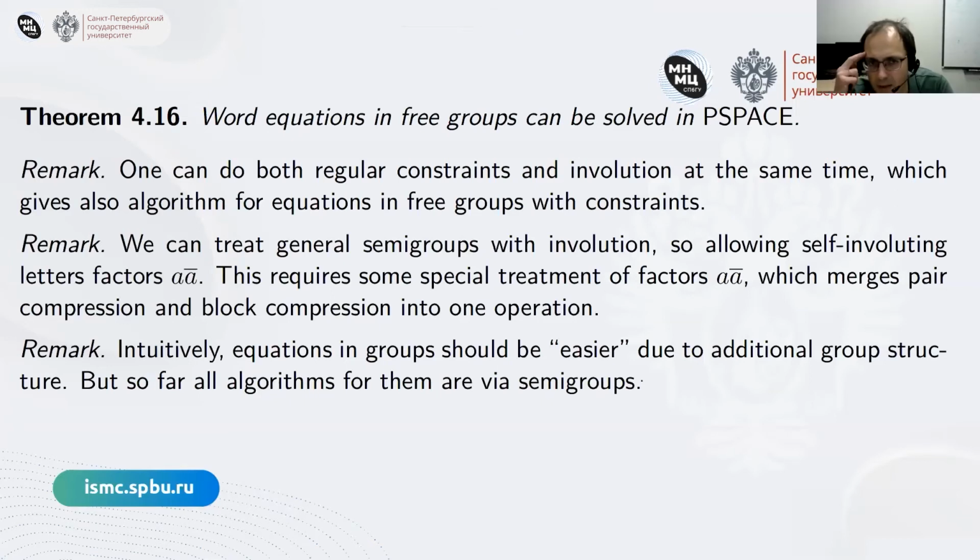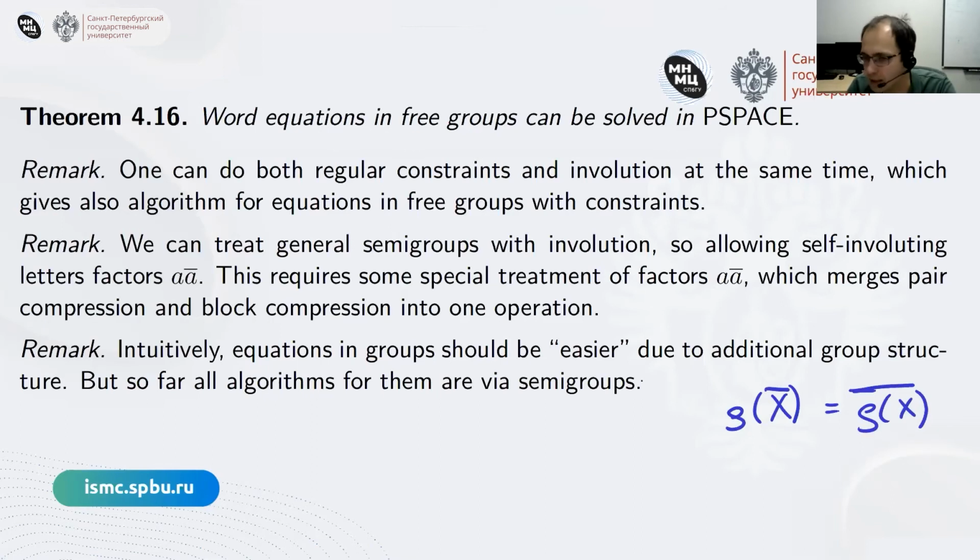Yes, it can be done, although there is some technicality that if you look for regular constraints, then for the groups, they should be consistent. So regular languages over groups are not exactly the same as regular languages over semigroups. For instance, if you define them using those transition matrices, then it should be true that there is some involution, and that if you make the constraints on the involution of x, then it should be the same as the involution of the constraint for x.